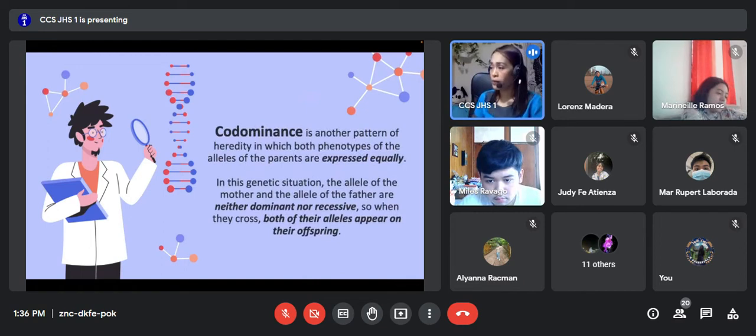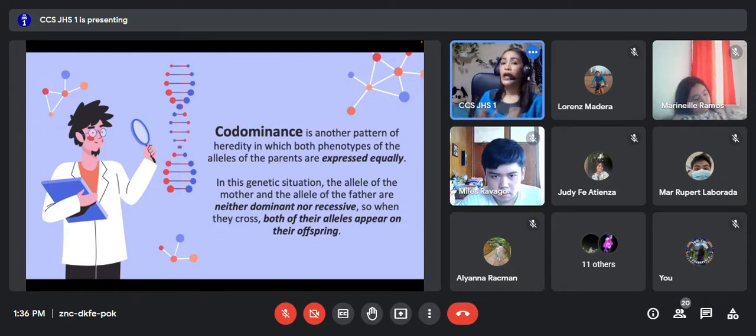Codominance is another pattern of heredity, or pattern of inheritance, wherein the possible options for that particular characteristic or trait are expressed equally. That means we don't have a distinct dominant allele and a distinct recessive allele.